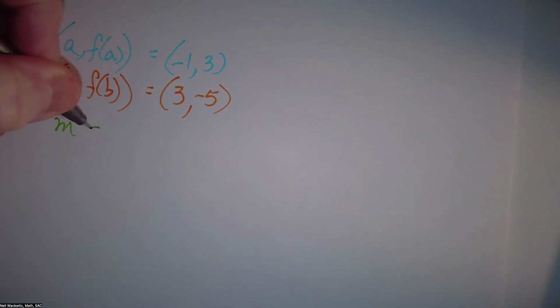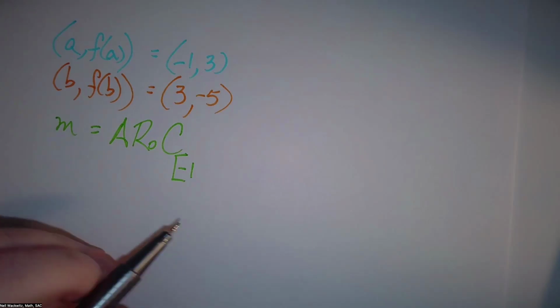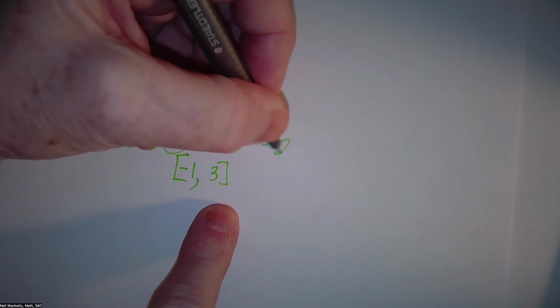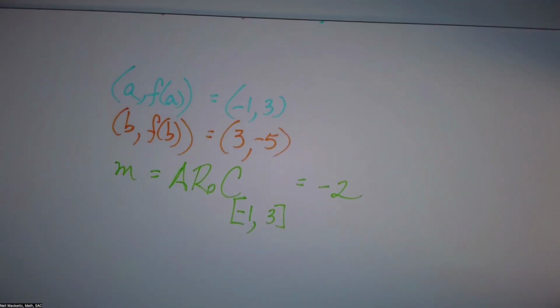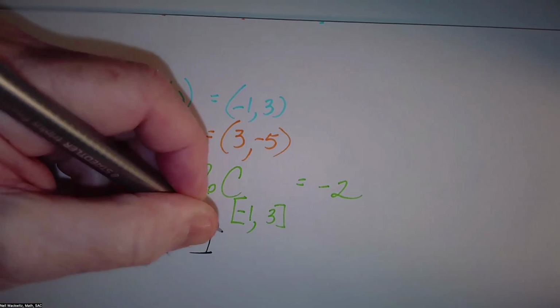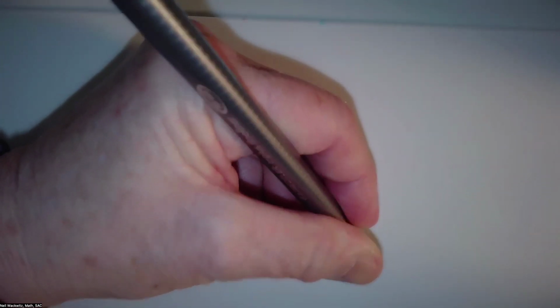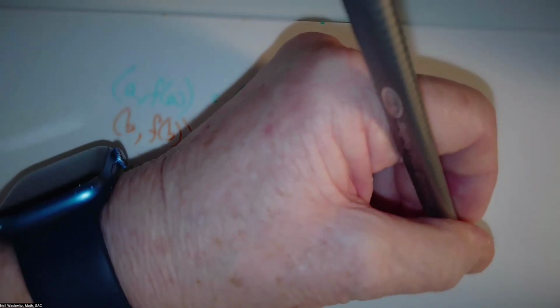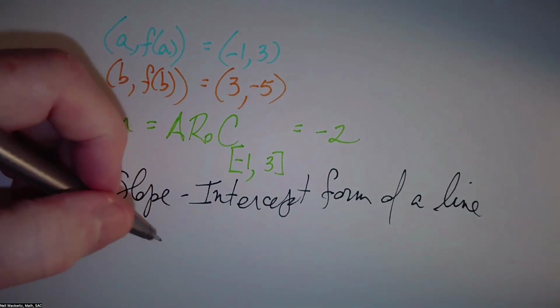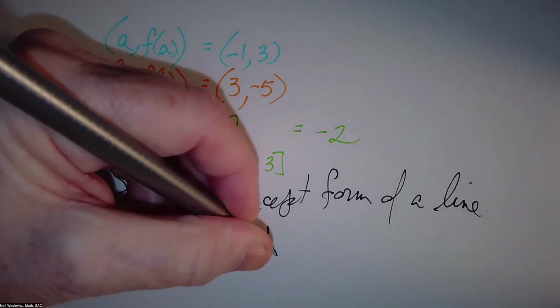So m, which is the average rate of change between the x value negative 1 and the x value 3, we said that was negative 2. We're going to use the slope-intercept form of a line, and that is y equals mx plus b.